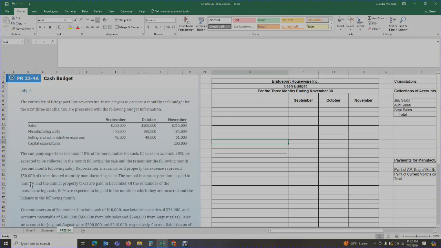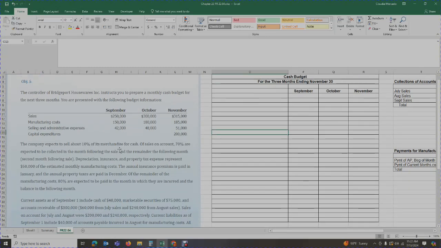Of the remainder of the manufacturing cost, 80% are expected to be paid in the month in which they are incurred, and the balance in the following month. Okay, so that's also very important because we're going to be breaking down our manufacturing costs. 80% we're going to pay in the current month, and then 20% the following month.